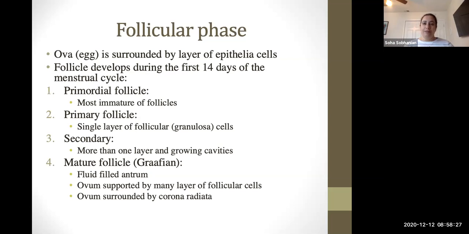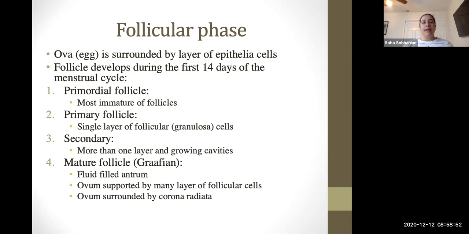And the follicular phase, what you actually start with, the original cells that are found inside the ovary are called primordial follicles. So these are basically the baby cells that are found inside your ovaries. They really have no specific features. They are extremely small.